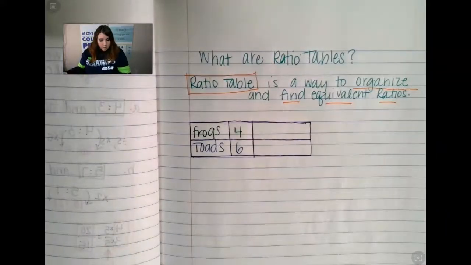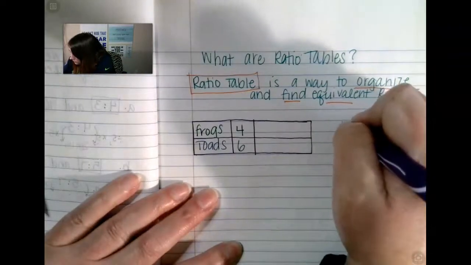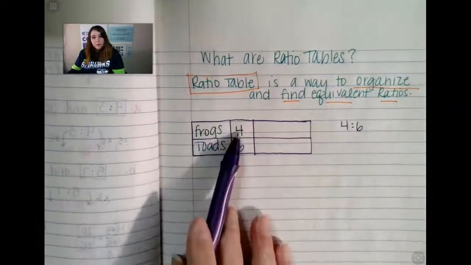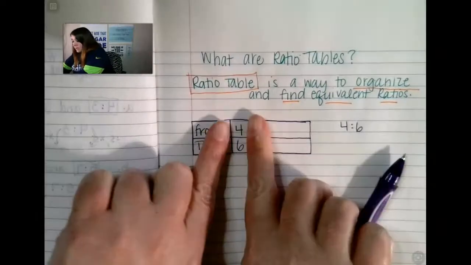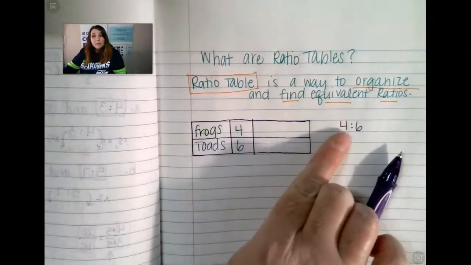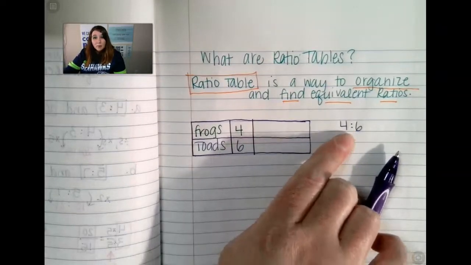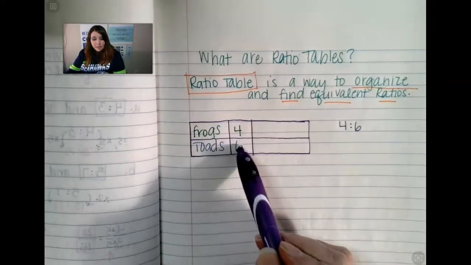So our initial ratio is 4 to 6. You take the 4 and the 6, and instead of them being a fraction, you put them side by side with the dots, and that gives us a ratio. So our first ratio is 4 to 6.